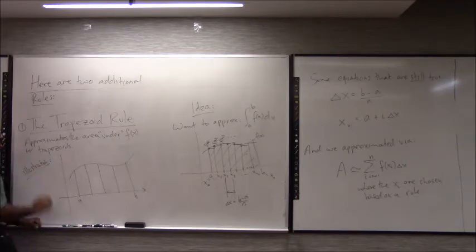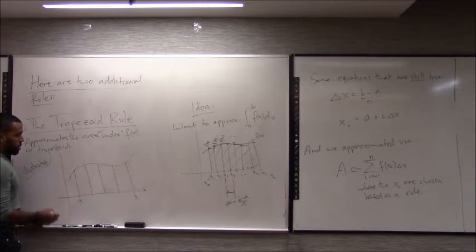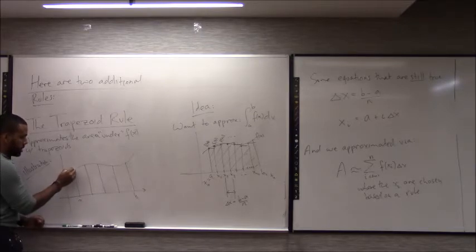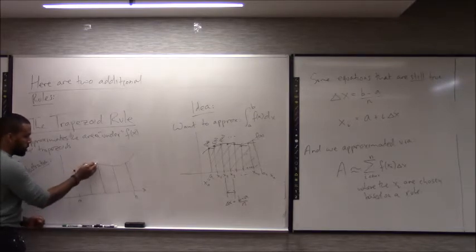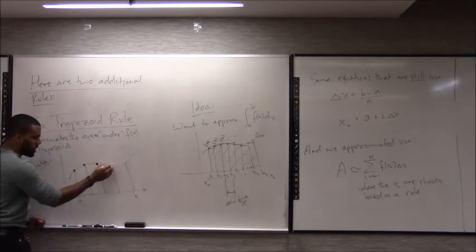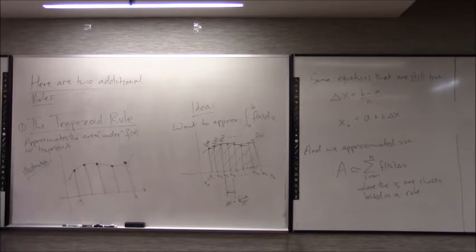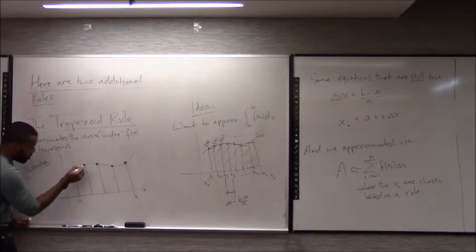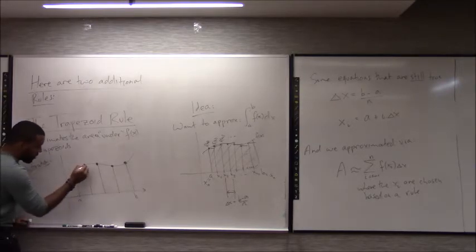So we set up the subintervals, and we'll have these things hitting the curve at certain points. And what we actually do is connect those points with a straight line. By doing so, we will create trapezoids.